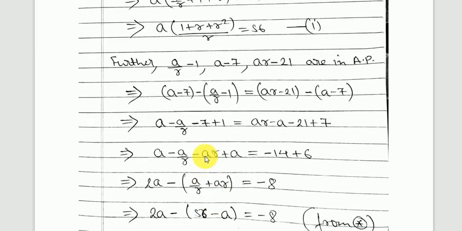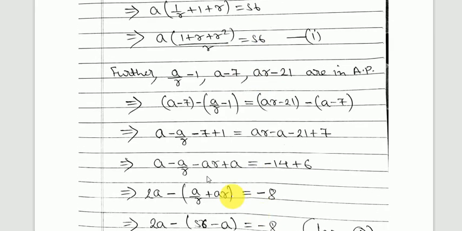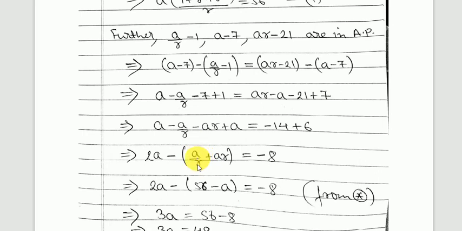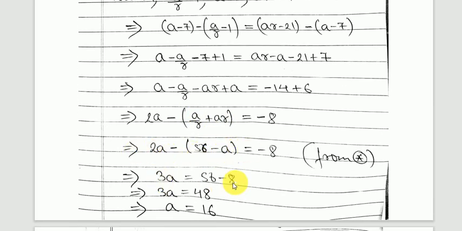From star we can find that A upon R plus AR plus A equal to 56, so A upon R plus AR is 56 minus A. Then simplify it further and you get A equal to 16.